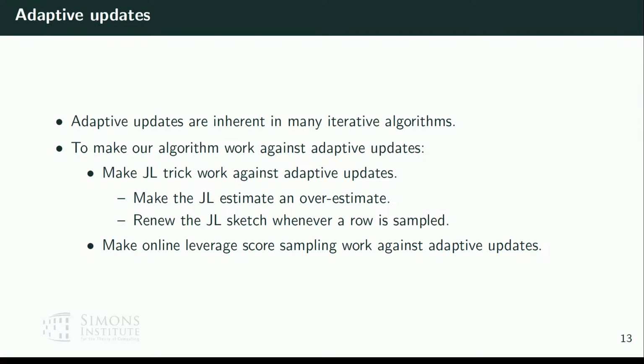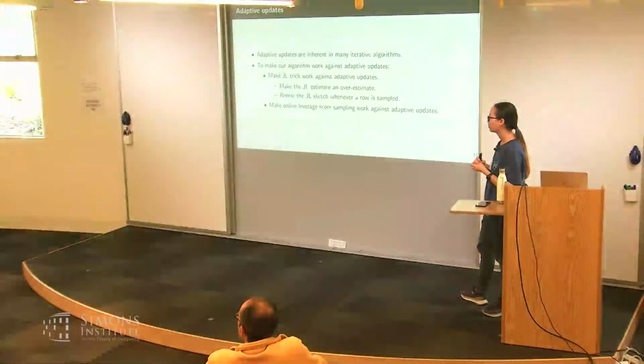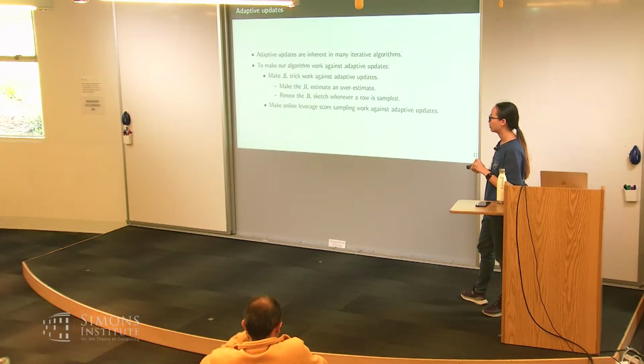I was wondering if there's already something that needs to be managed in the oblivious setting, because your probabilities, which determine what updates you make, depend on the JL sketch, but then you sketch a new thing based on these updates.